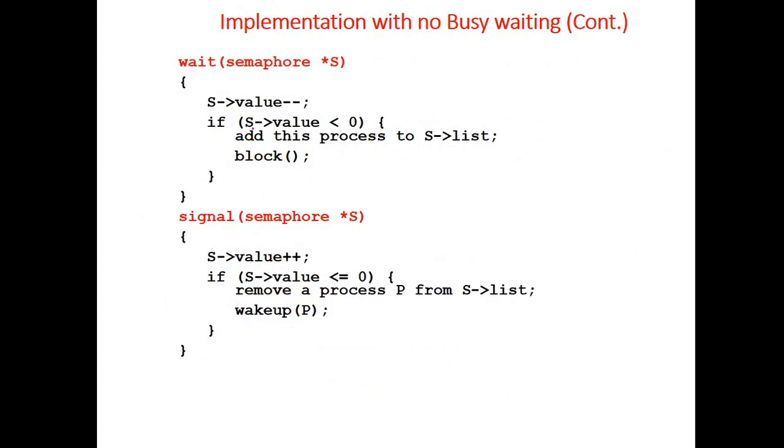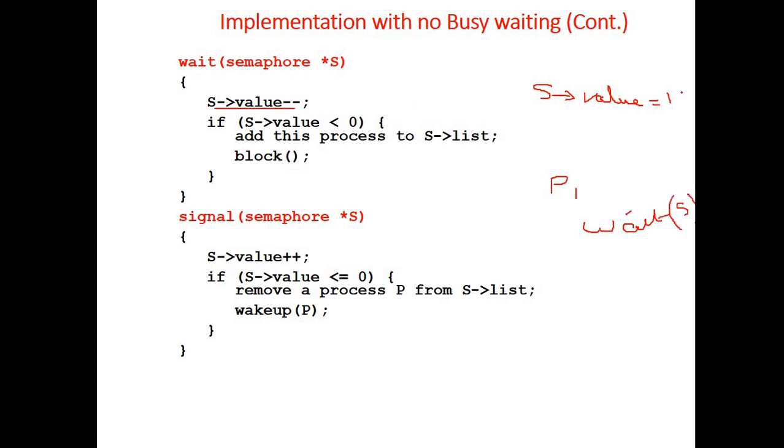Now let us see the implementation of the wait function. Initially the semaphore variable value is 1. That indicates that no process is in the critical section and the resource is available. When a process wants to enter into the critical section, it will call the wait function. For example, process P1 invokes the wait function by passing this semaphore variable.